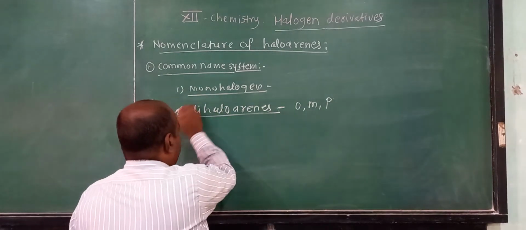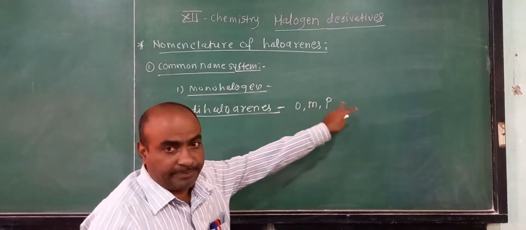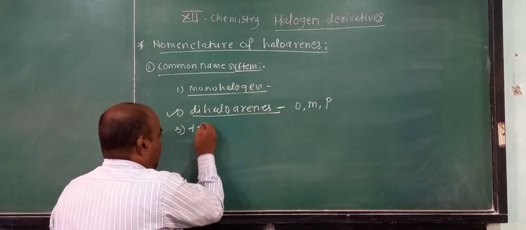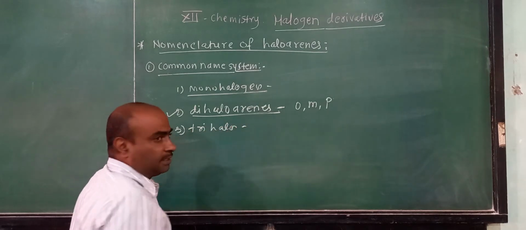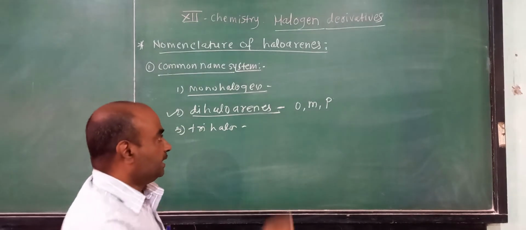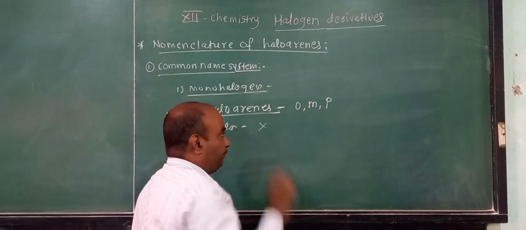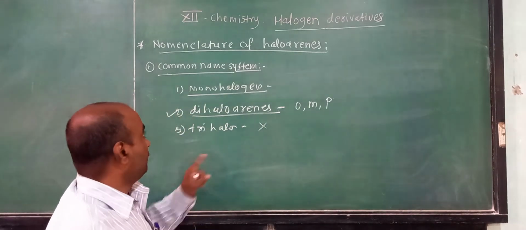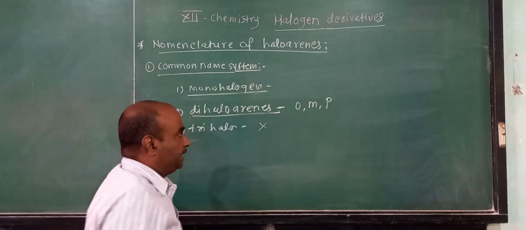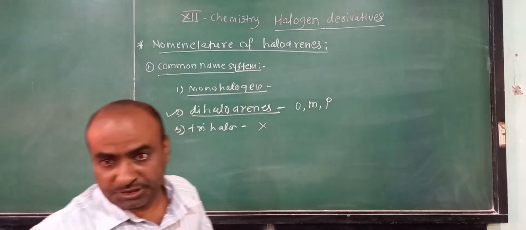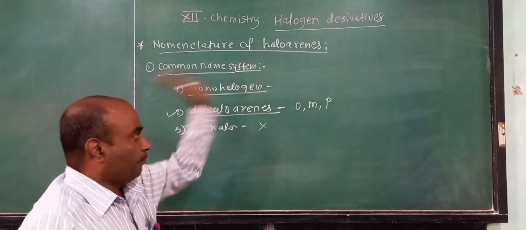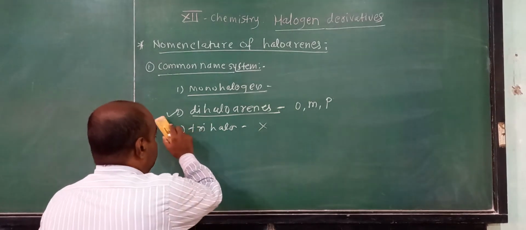That is, only for dihaloarenes ortho, meta and para positions are used. In case of trihaloarenes or more than 3 substituents attached to the benzene ring, again ortho, meta and para positions are not used. So remember, in the common name system, only for the dihalogen derivatives ortho, meta and para positions are used, and for mono or trihaloarenes they are not used.